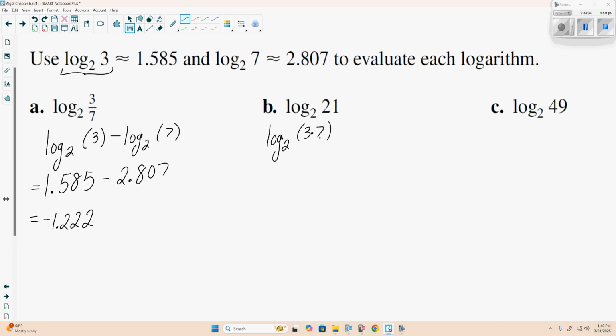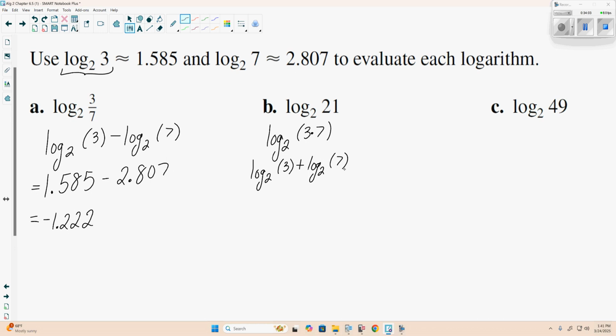Since we have two things being multiplied together inside the log, we can rewrite this as multiple logs being added together. So log base 2 of 3 times 7 is the same as log base 2 of 3 plus log base 2 of 7.